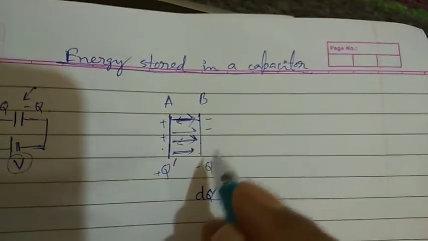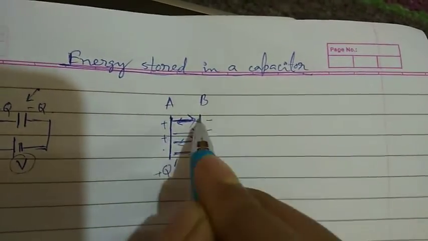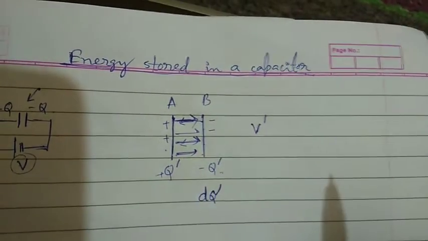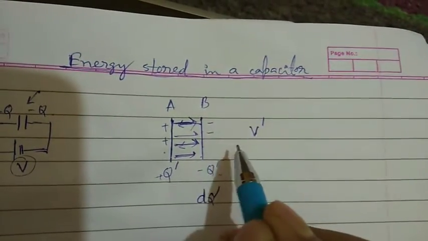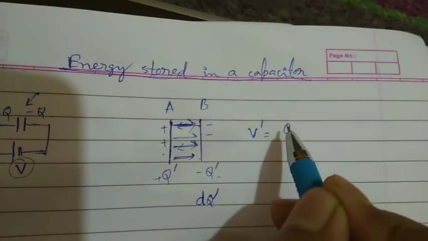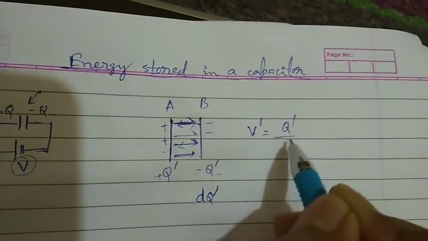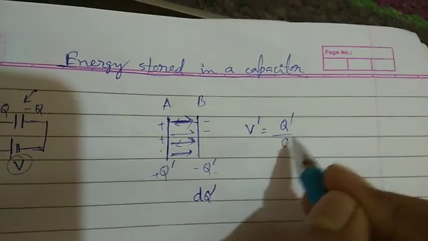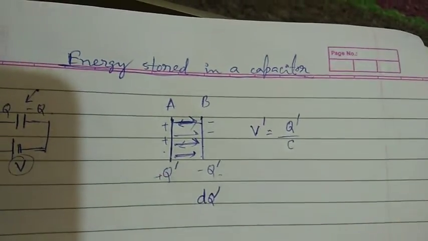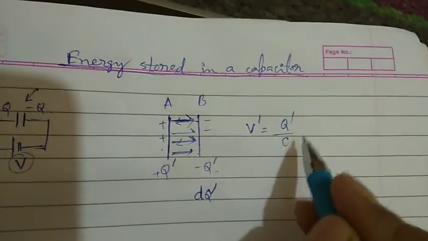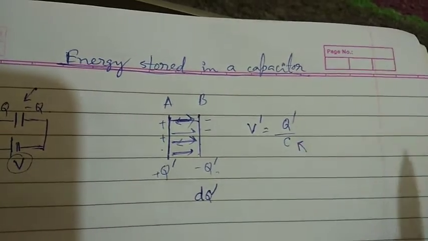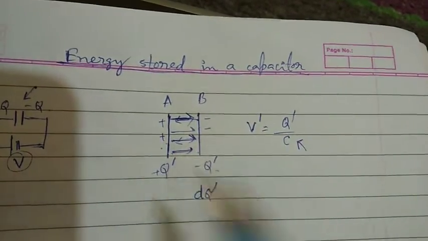At this point, if the potential difference between the plates is V prime, we can write V prime equals Q prime by C, where C is the capacitance of this capacitor. One thing to remember, the capacitance of the capacitor is independent of the potential or charge on the plates.